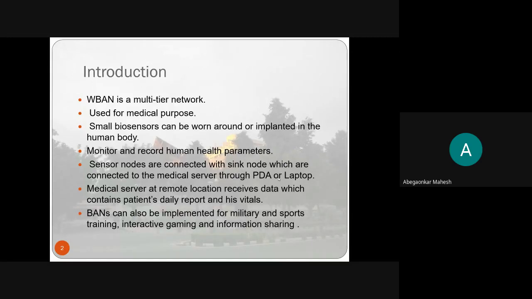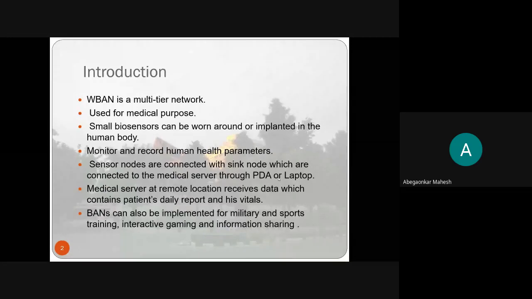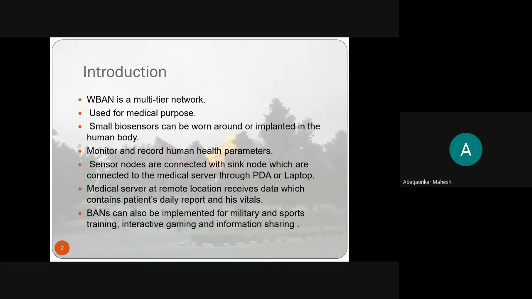Body area networks, apart from medical applications, can also be implemented for military and sports training. There has been a lot of news that they are being used in military and sports training, and then interactive gaming and information sharing. There are a lot of new applications coming up. Some applications of wearable biosensors were discussed by Dr. Munir in his inaugural address.